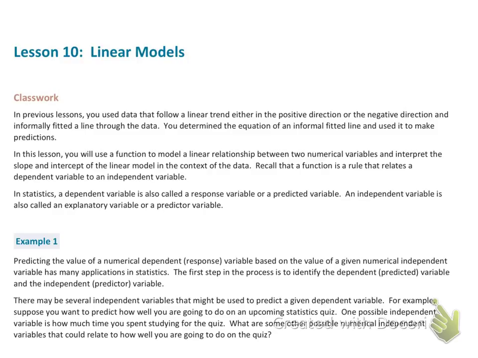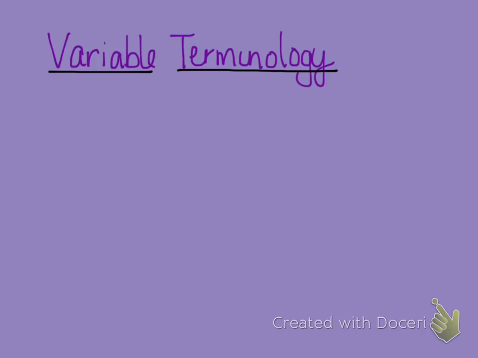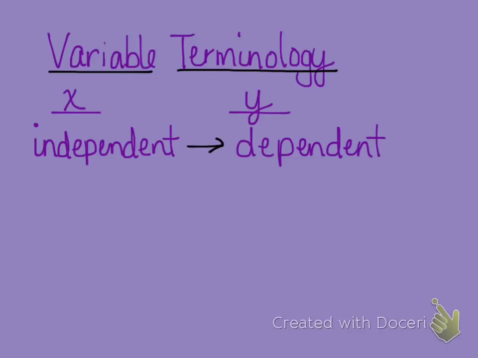Okay, so before we do example 1, I want to look at some of that terminology. So we've got some variable terminology, and one that many of you are familiar with. x and y are the variables that we use on the coordinate grid traditionally, but others, of course, can be used. And we've talked about the fact that x is referred to as the independent variable and y as the dependent variable.